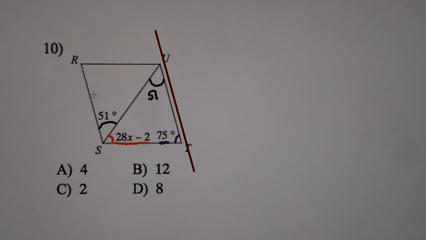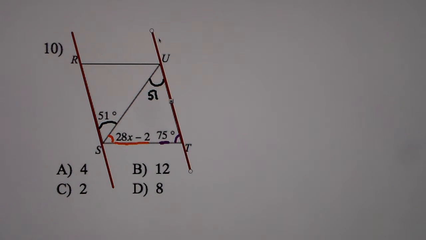This maroon line and this maroon line are parallel lines because it's a parallelogram. And our transversal line, so, alternate interior angles.